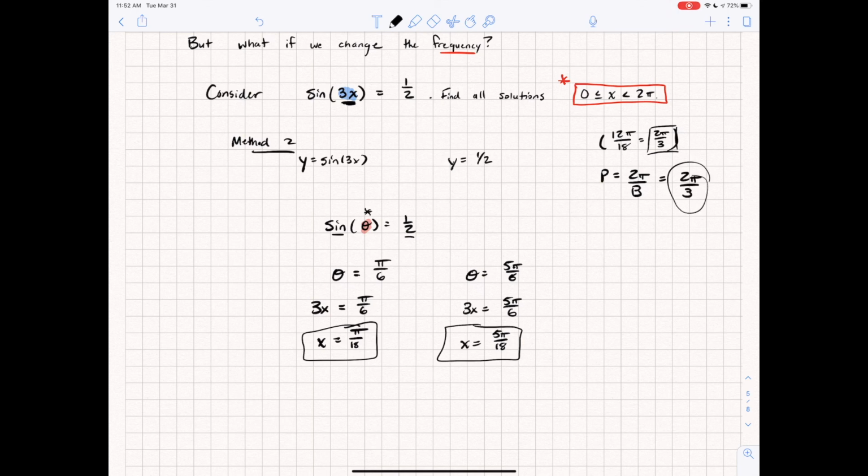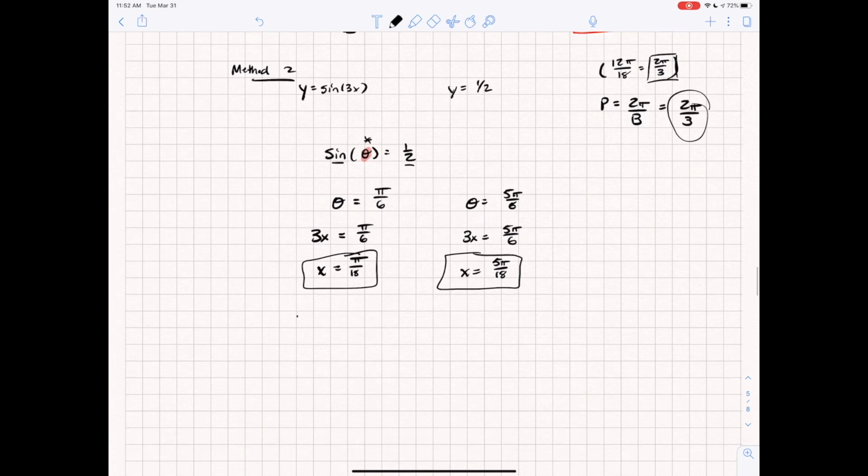So if I'm going to find every possible solution, that means I'm adding to pi over 18 2 pi over 3. Well, I'm adding multiples of that. It means that if my initial solution is 5 pi over 18, the next one is 1 period away, and multiples of that if I want to go any further.